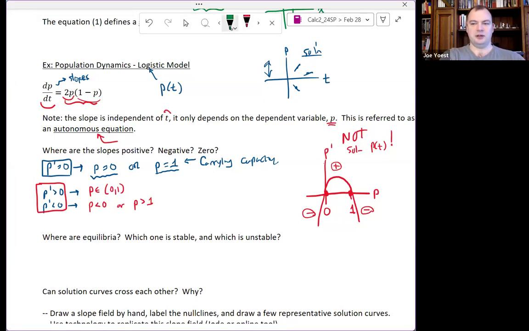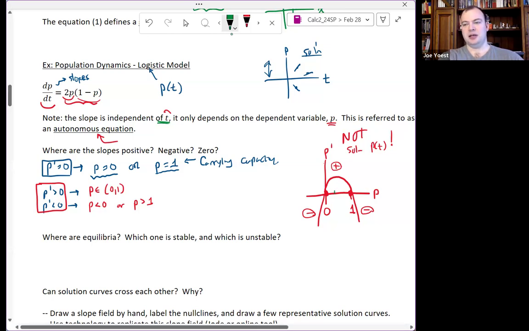I can actually come over here on this picture and even add one more piece in. If p is between 0 and 1, what happens? Remember, there's no explicit dependence on t. Super important for this analysis. If p is between 0 and 1, p prime is positive, p is increasing.